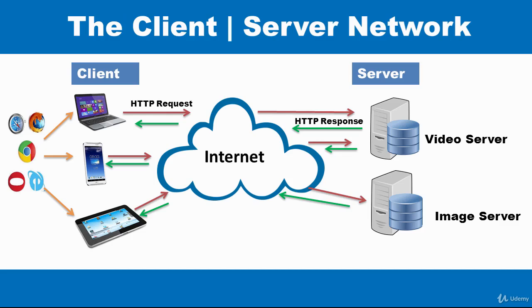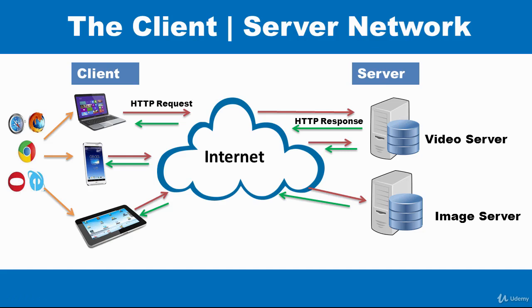Let's take a look at this client-server network illustration I've got here. So basically anything that you use to access data over the internet is referred to as a client. So your laptop, your phone, or your tablet, or anything that has internet connectivity and has a web browser is known as a client.